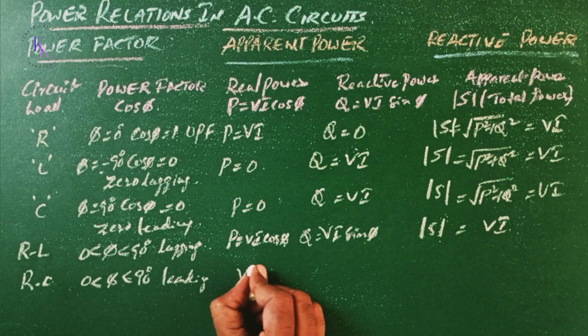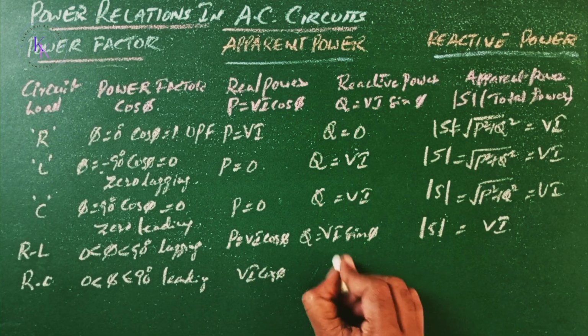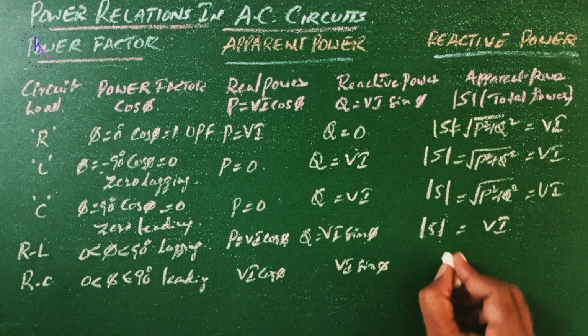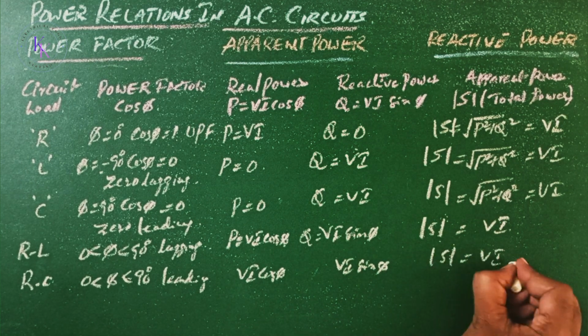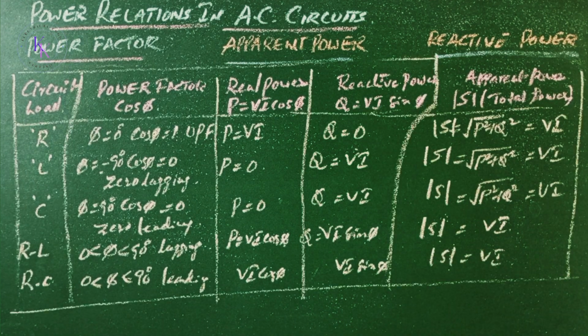Then P is given by VI cos phi, Q is given by VI sin phi, and S is given by VI. This is the tabular form representing different expressions of power and power factor for different loads of AC circuits.